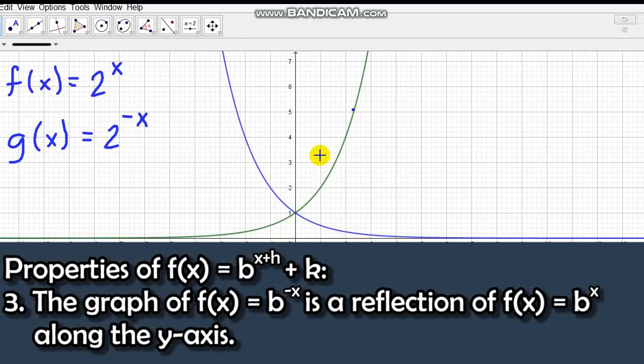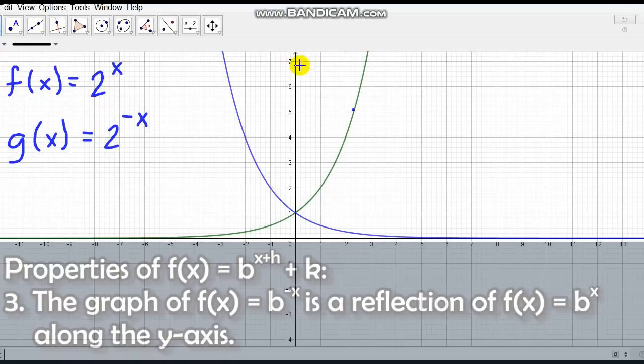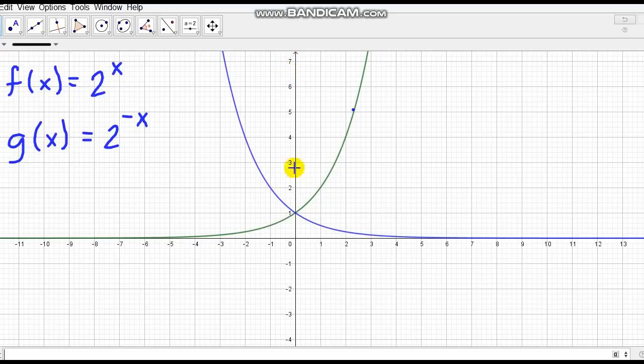So the graph of f of x equals 2 raised to negative x is a reflection of 2 raised to x along the y-axis. So that's the behavior of an exponential function. It's either we have the translation or the reflection.